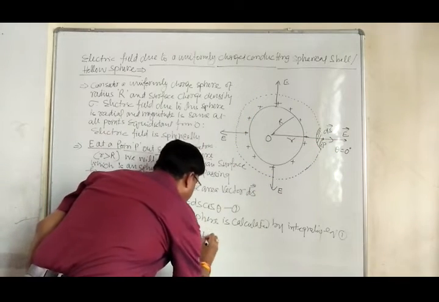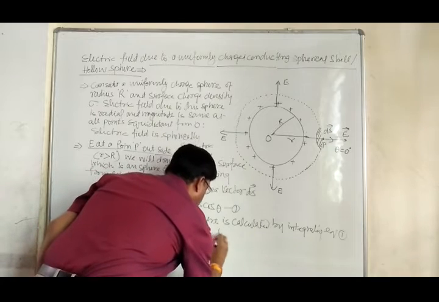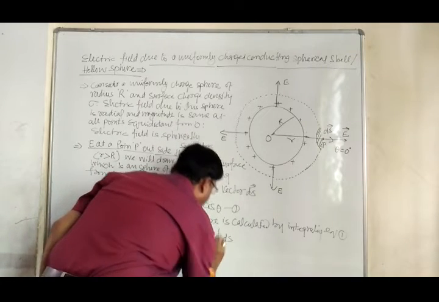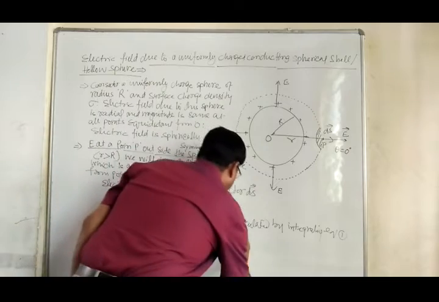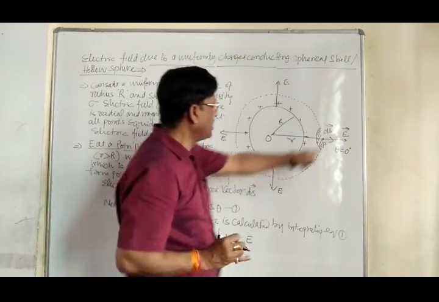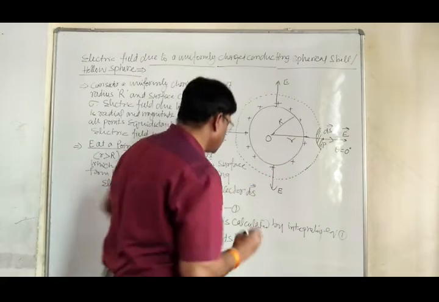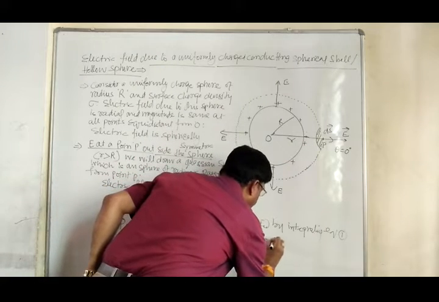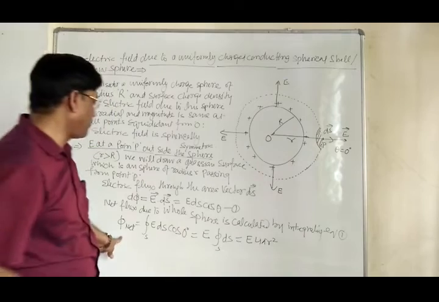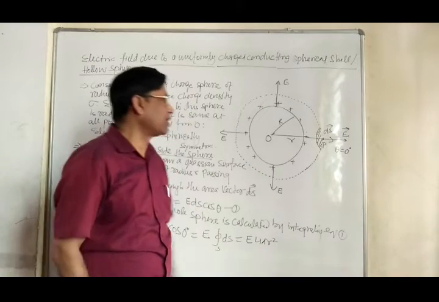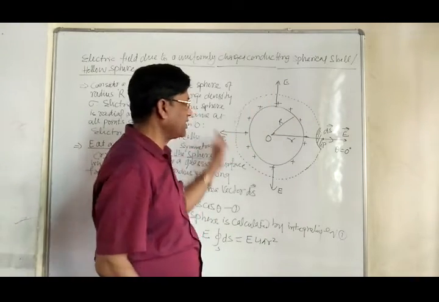Then E is constant and dS will be integrated, which gives the area, that is 4π r squared. So the net flux is φ net equal to E 4π r squared, passing through this surface area.